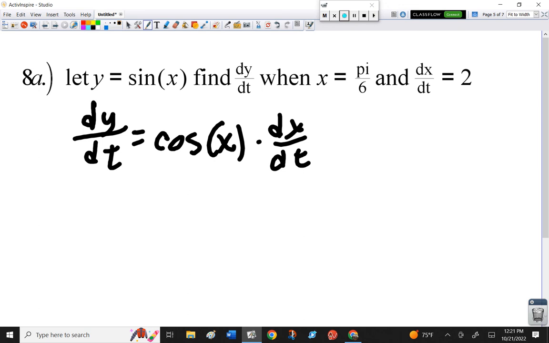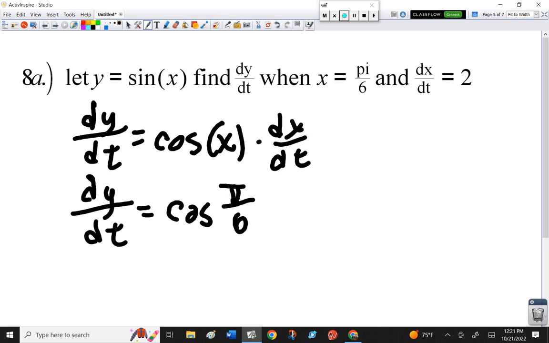So they want us to find dy/dt. So they have to give us x and they have to give us dx/dt. And look at that, they did. Genius. dy/dt is going to equal the cosine of pi over 6 times 2. And we have to take the cosine of pi over 6 first, so that's why I like to put this in parentheses. I don't know what that is. Well, cosine of pi over 6.